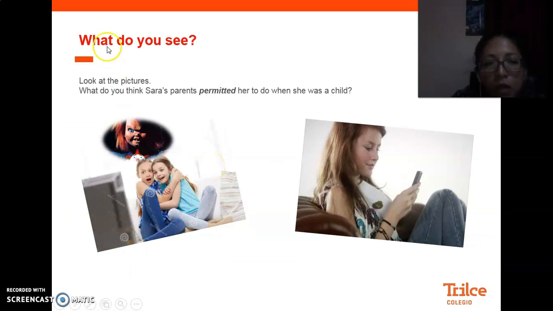Now, what do you see? Well, in this picture, these two girls are watching a video or a movie, probably a horror movie. What about the second picture?